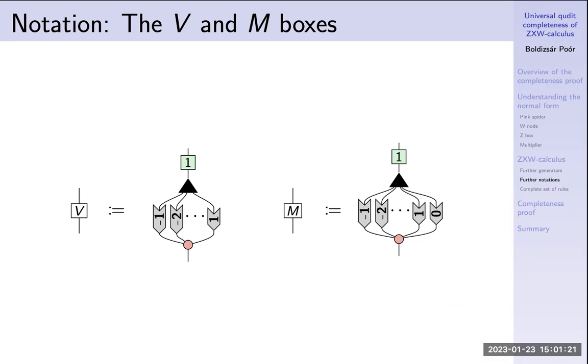So the V box is actually a Z box with 0, 0, 1 phase, right? Everything else is 0 before the last element. And then we have the W node connected through all the possible multipliers from D minus 1 to 1, and they are connected to a Z, an X spider. The M is really similar, only that we have an extra 0 multiplier.